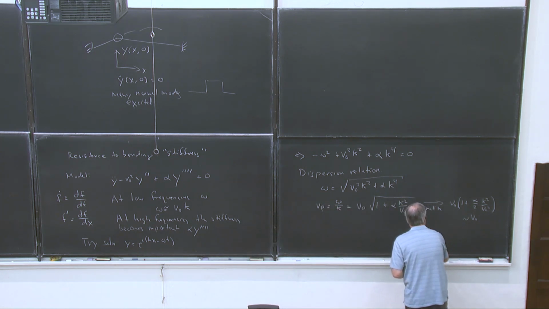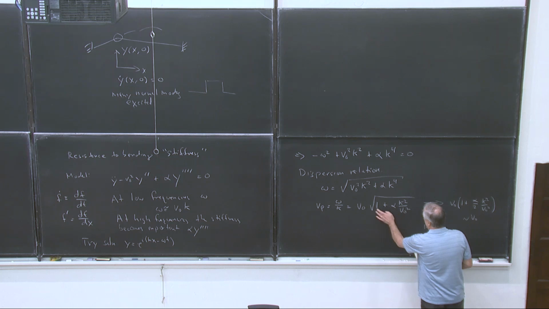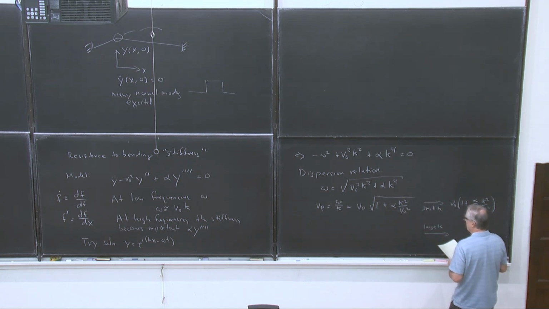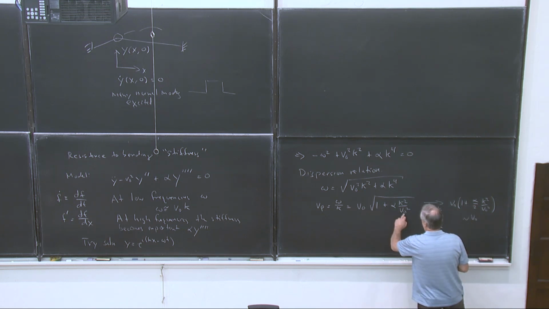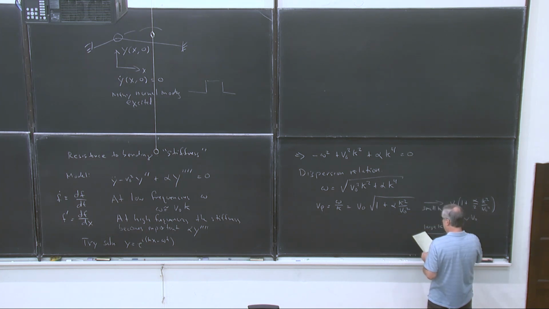For large k, this term becomes greater than 1. If it's much greater than 1, I can write this as, well, the v naught will cancel, and I'll get a square root of alpha times k.